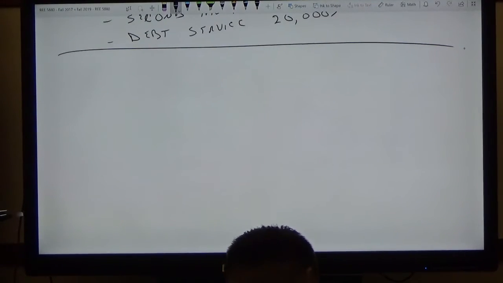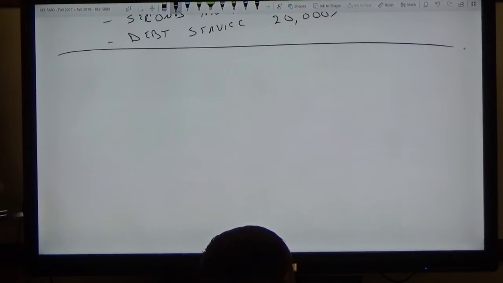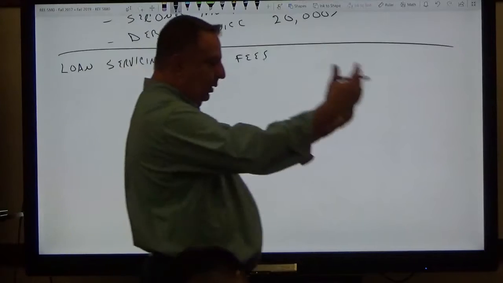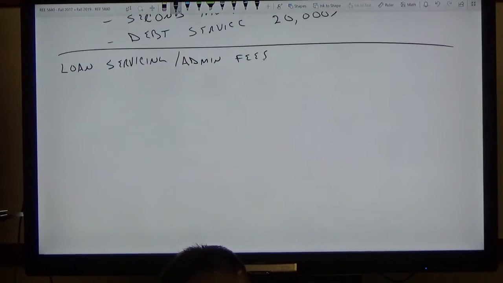All right, this next one will have a little bit more of a challenge to it. Not much, but a little bit. Okay. So this one is on loan servicing and administrative fees. Now, if you remember, one of the things that I had talked about a while back was one of the several ways in which a lender makes money off of a mortgage.